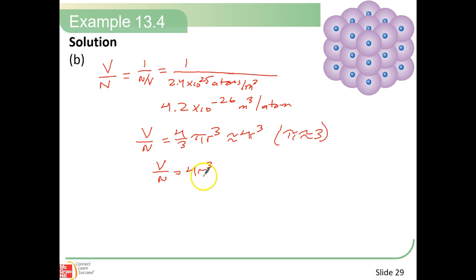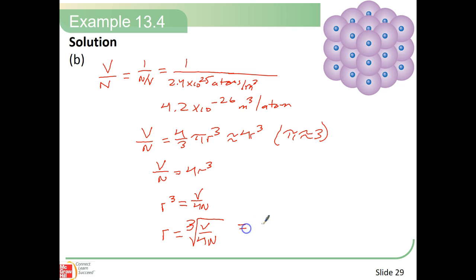They want us to find the radius, so we're looking for r here, so we need to solve this for r. r cubed is equal to V over 4N. Now I need to take the cube root of both sides, so r is equal to the cube root of V over 4N.